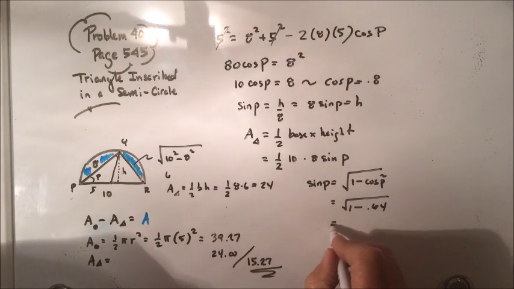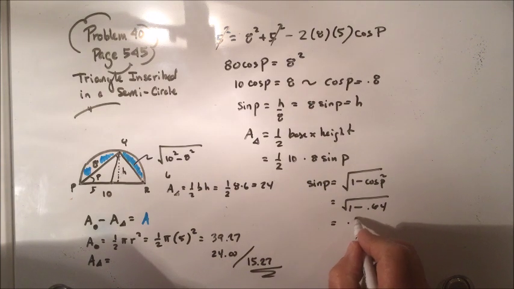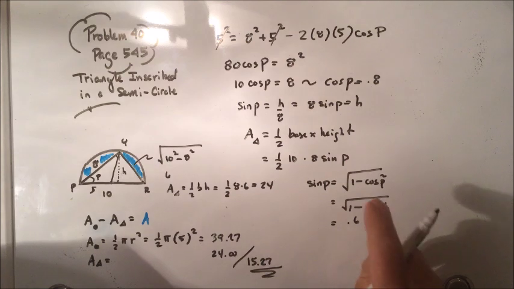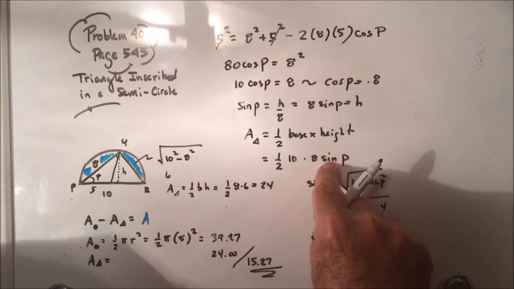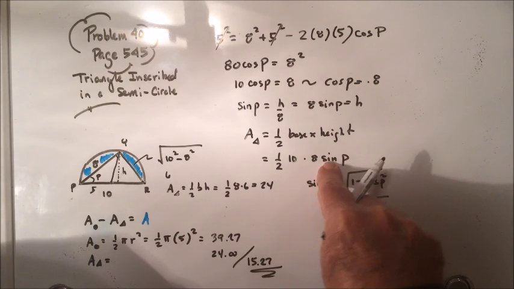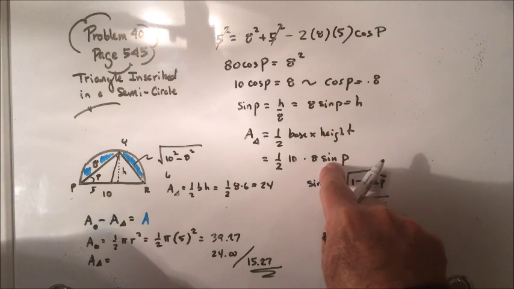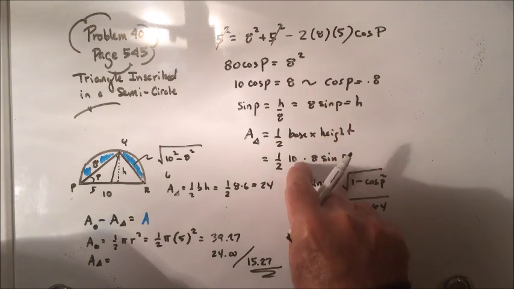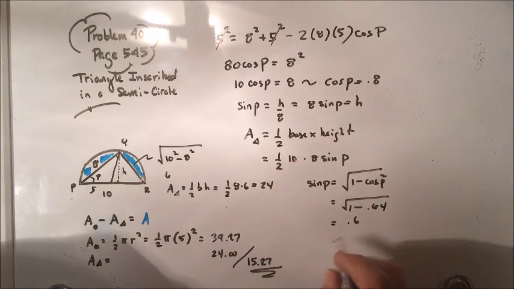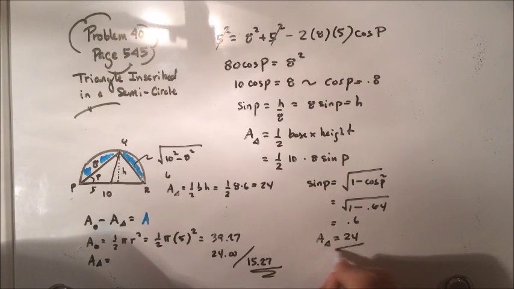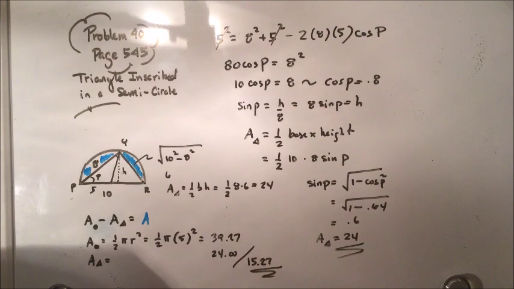That leaves 0.36, so 0.6 is the sine of P. So if I put 0.6 into that, I multiply 0.6 times 8, I get 4.8 times 10 is 48 divided by 2. One way or the other, the area of the triangle is 24. Subtract it from this, you're going to get 15.27.